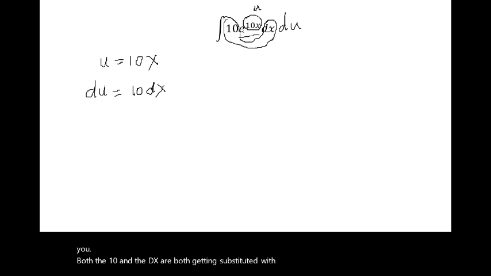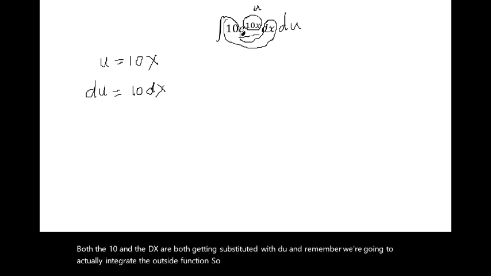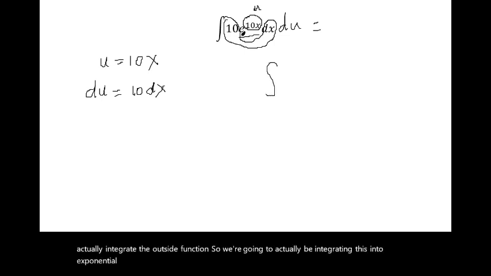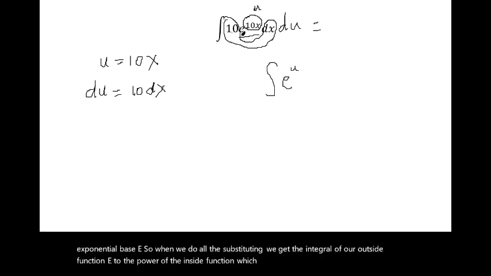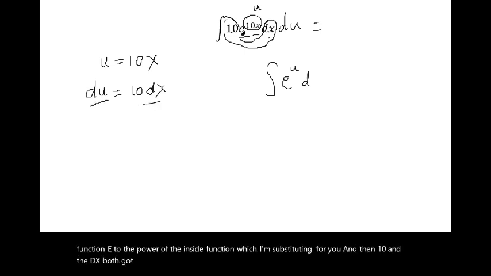And remember, we are going to actually integrate the outside function, so we're going to be integrating this exponential base e. So when we do all the substituting, we get the integral of our outside function e to the power of the inside function, which I'm substituting for u, and then 10 and the dx both got substituted for du.